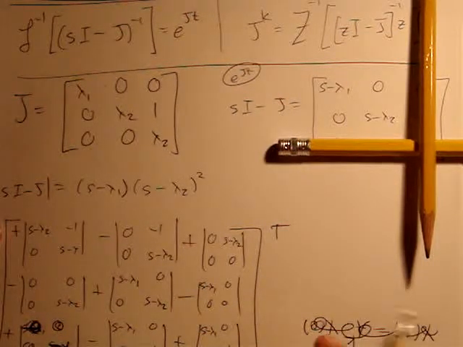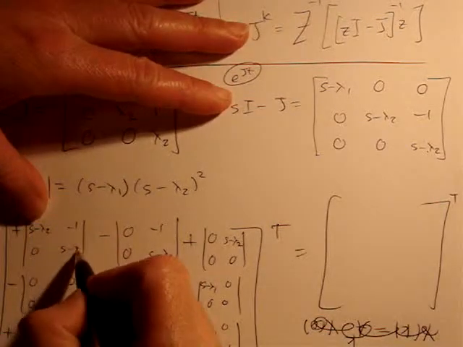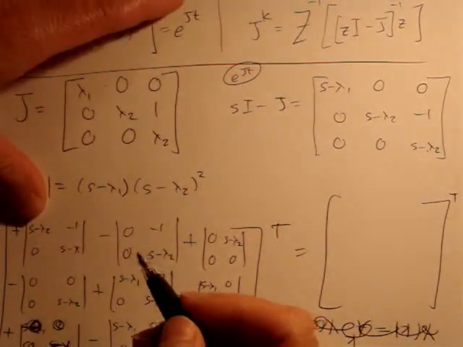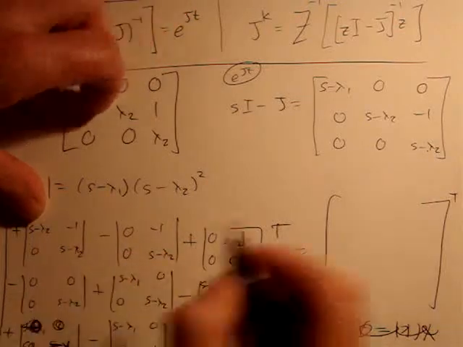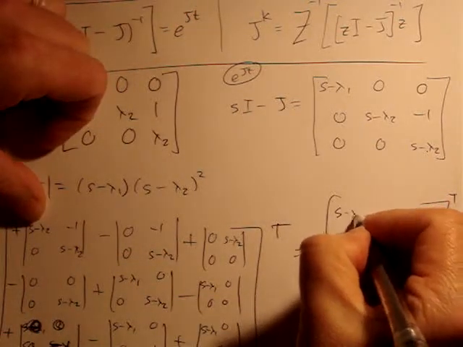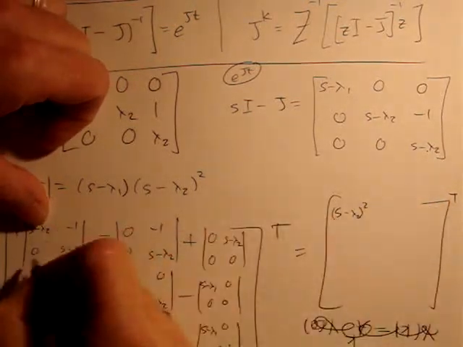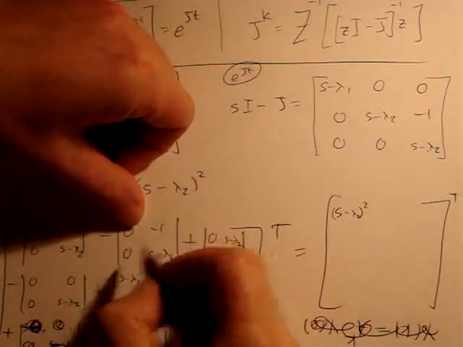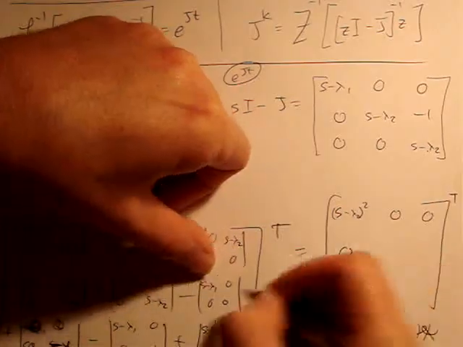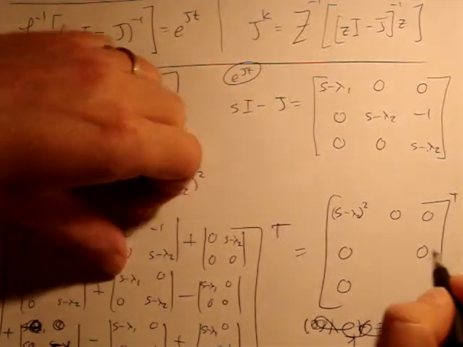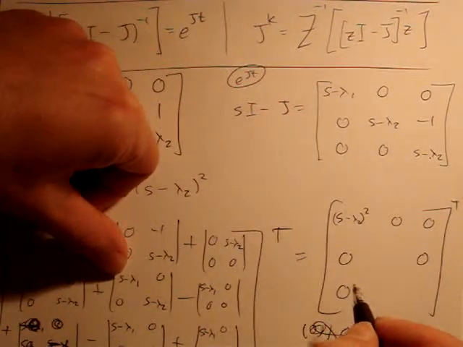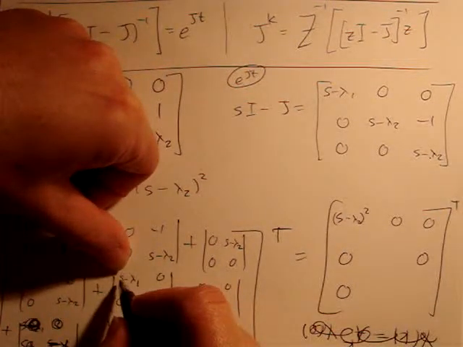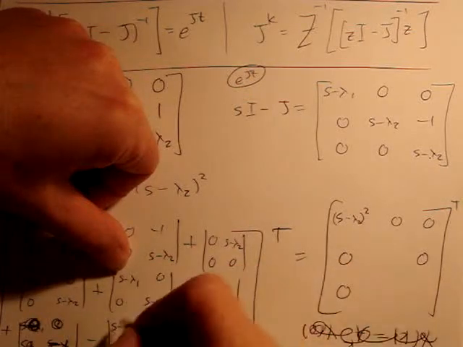First one, s minus lambda 1 times s minus lambda 2 times s minus lambda 2, so we're going to get s minus lambda 2 squared minus 0. 0 minus 0. Over here is also 0 minus 0. Get those taken care of. The center term is going to be s minus lambda 1 times s minus lambda 2 minus 0.